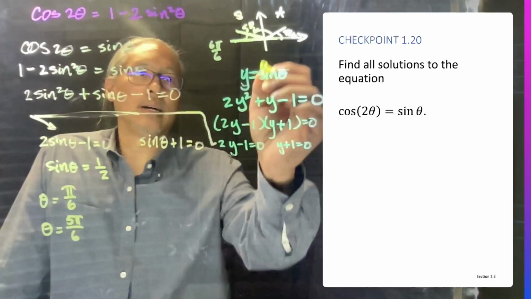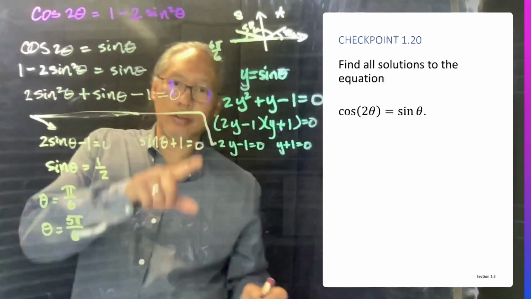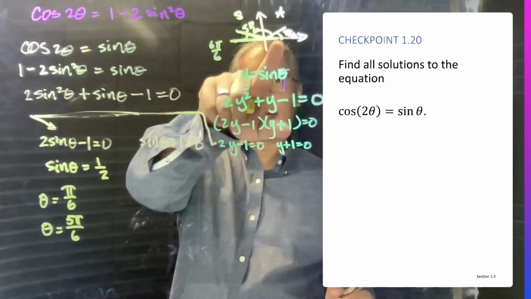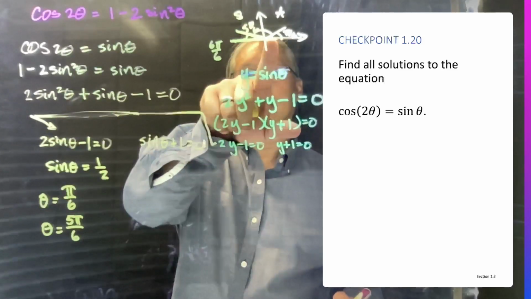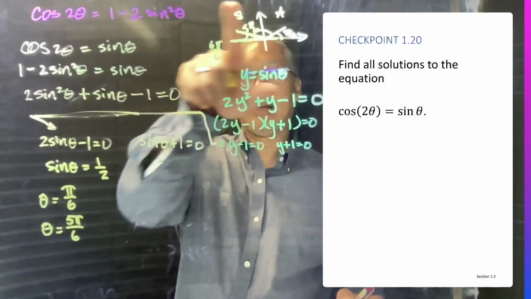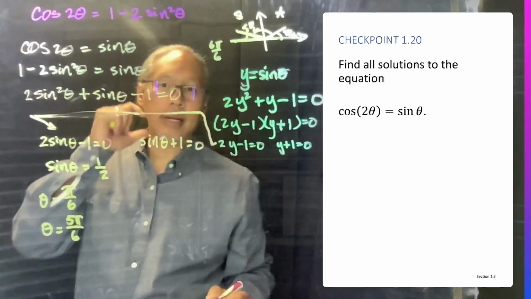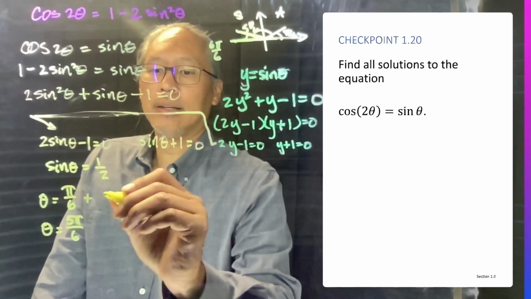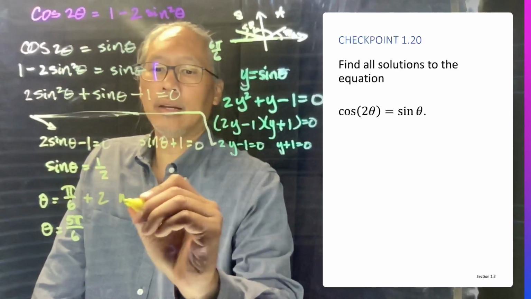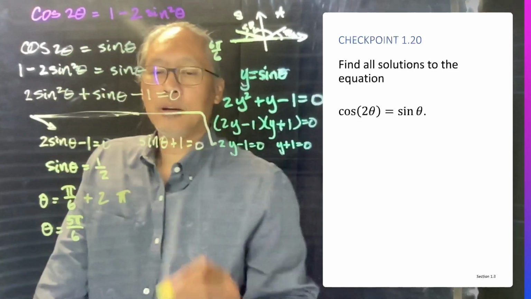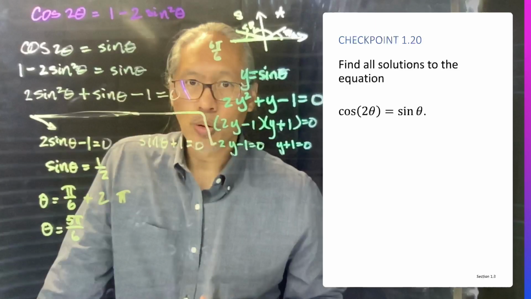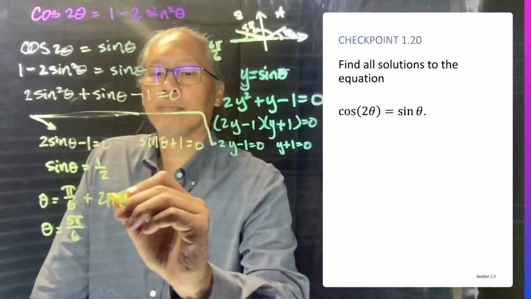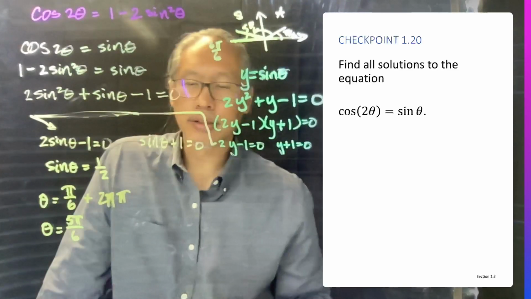But we also want to have those solutions happen because of the fact that sine is cyclic or periodic. We know that at every pi over 6 and then add 2 pi to it and then add another 2 pi to it, you're going to keep getting this positive 1/2 for a solution. So we can say we just add 2 pi to it, and people usually like to think about multiplying this by some whole number, n or k or whatever the book uses.